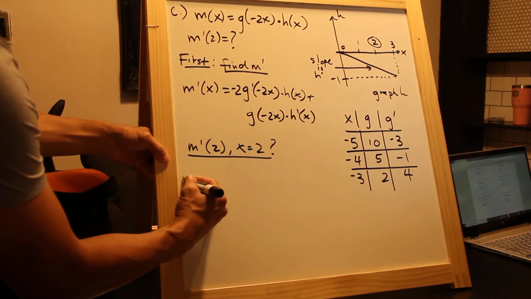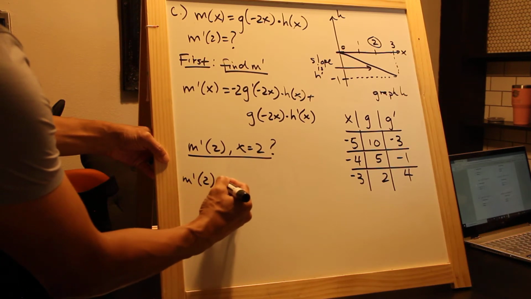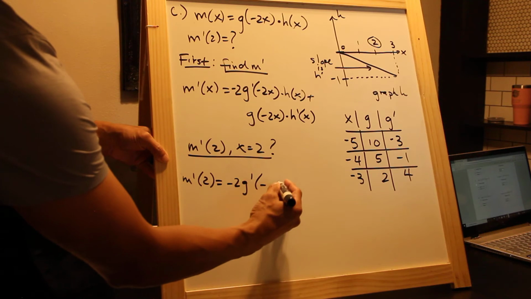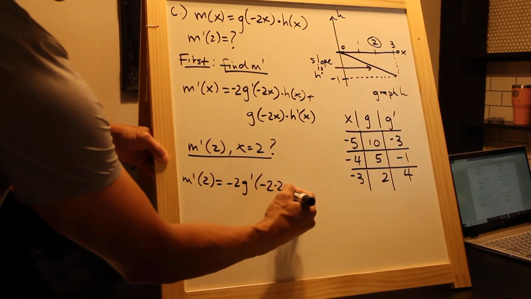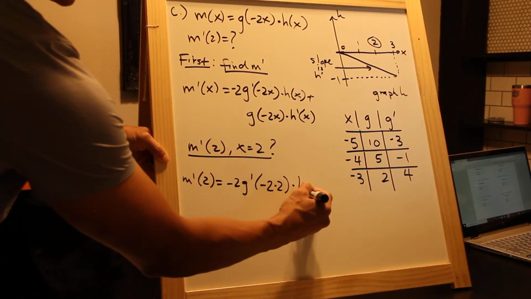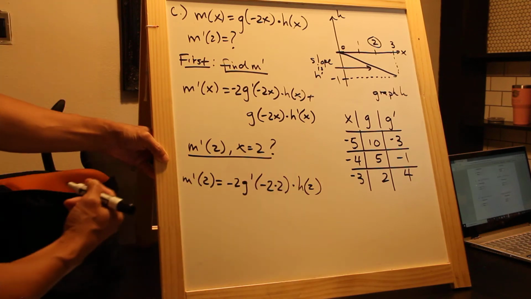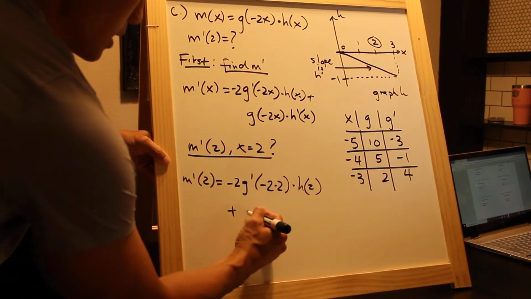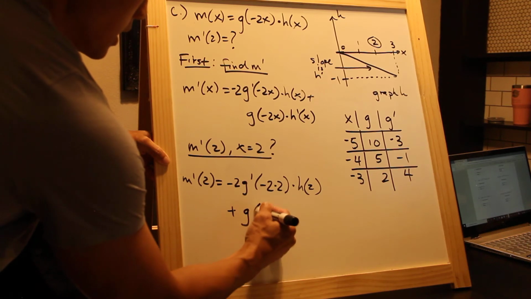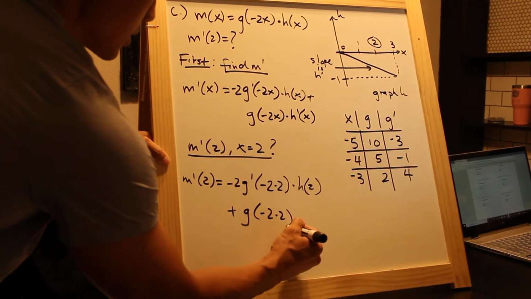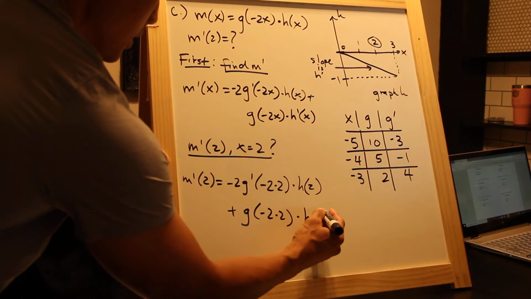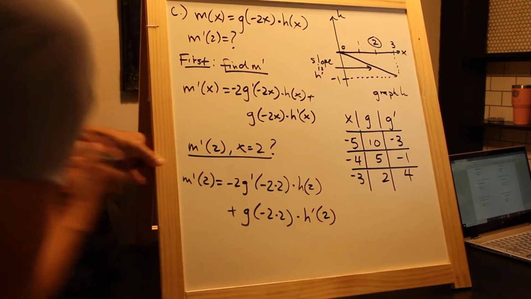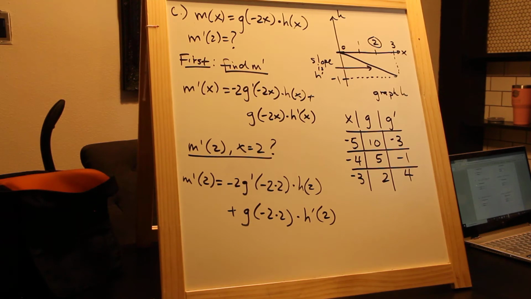So this will be m prime of 2 equals negative 2 g prime of negative 2 times 2 times h of 2, plus g of negative 2 times 2 times h prime of 2. Okay, that's the next step.